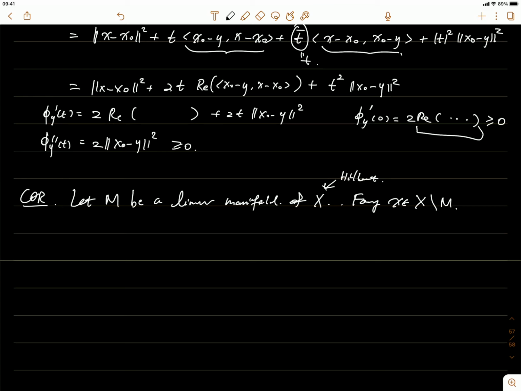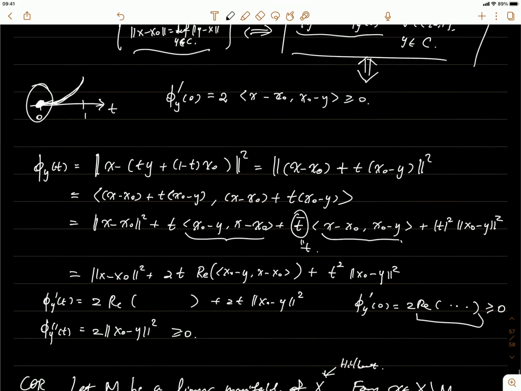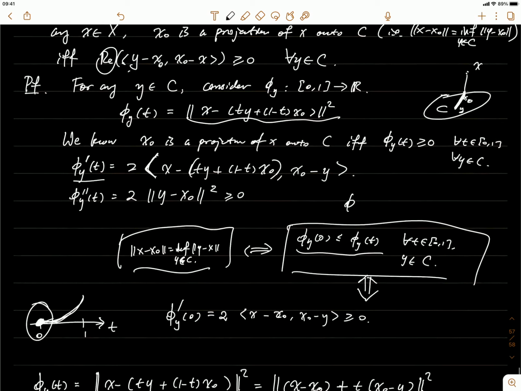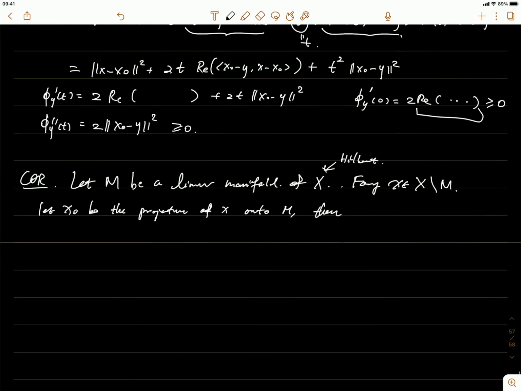So for any x in here, let x naught be the projection of x onto M. Then we can have the similar thing as before, right? We should have this thing, but this is going to be equal to 0. I'll show the reason why.